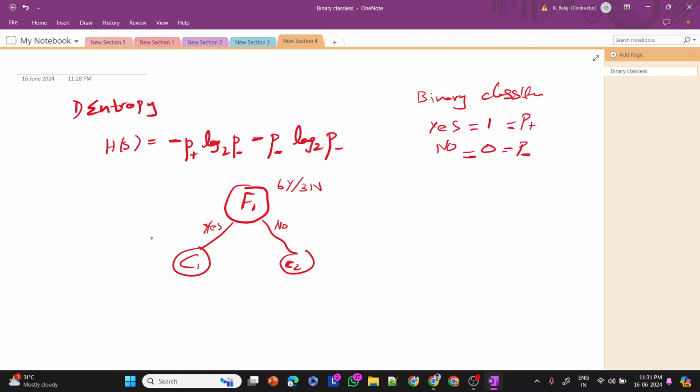This node has 3 yes and 3 no's, and this one has 3 yes and 0 no's. By seeing this, we know that this is an impure split, and this one is a pure split.